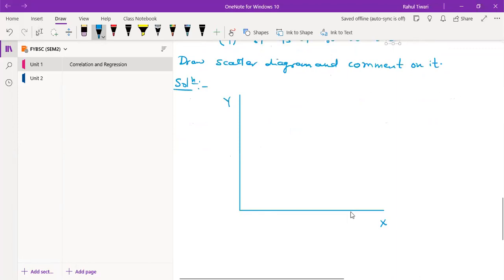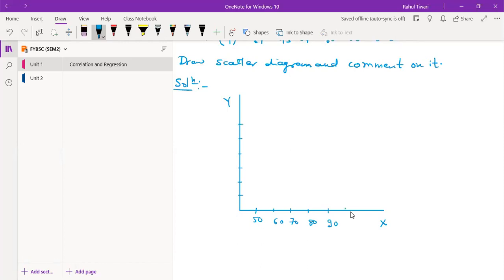Just consider on the x-axis 50, 60, 70, 80, 90. Similarly on the y-axis 50, 60, 70, 80, 90, 100.